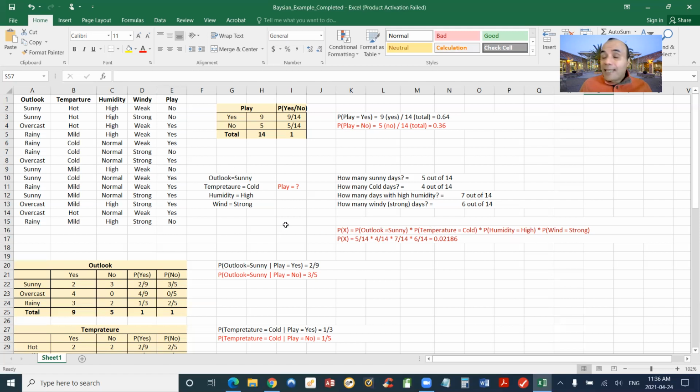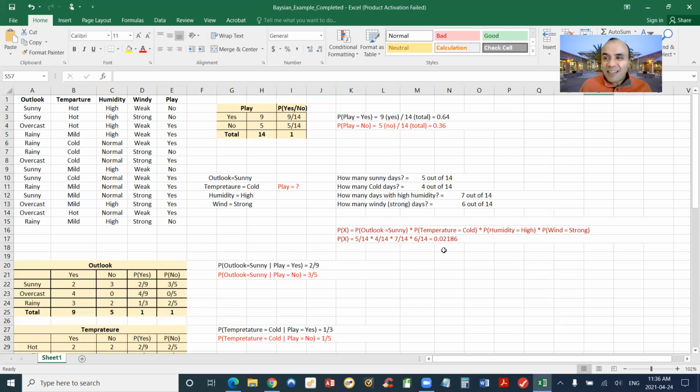Now, the event I'm looking for, this is called the event. This whole thing is one event. This is called X. So for this event X, what's the probability of X happening? Well, outlook sunny is 5/14, temperature cold is 4/14, humidity high is 7/14, and wind strong is 6/14. And that is equal to 0.022.